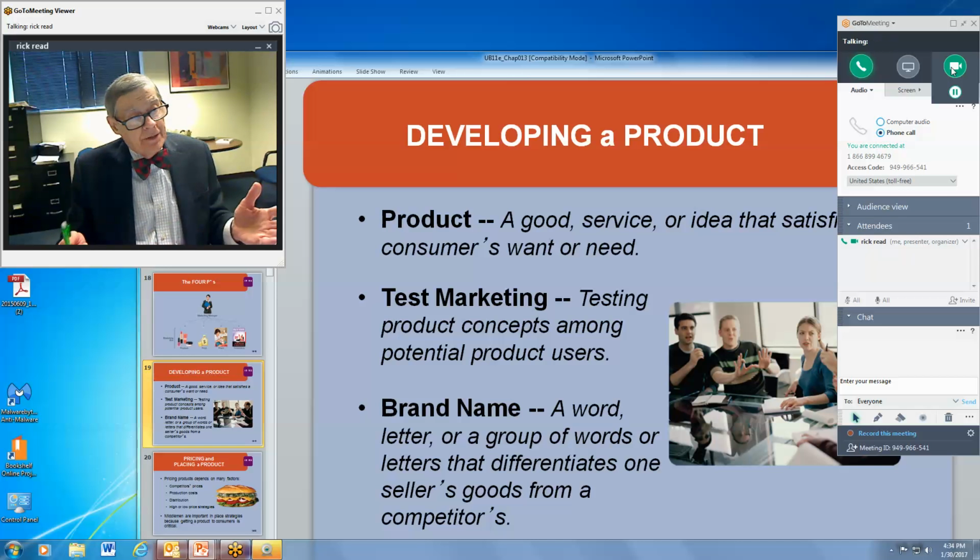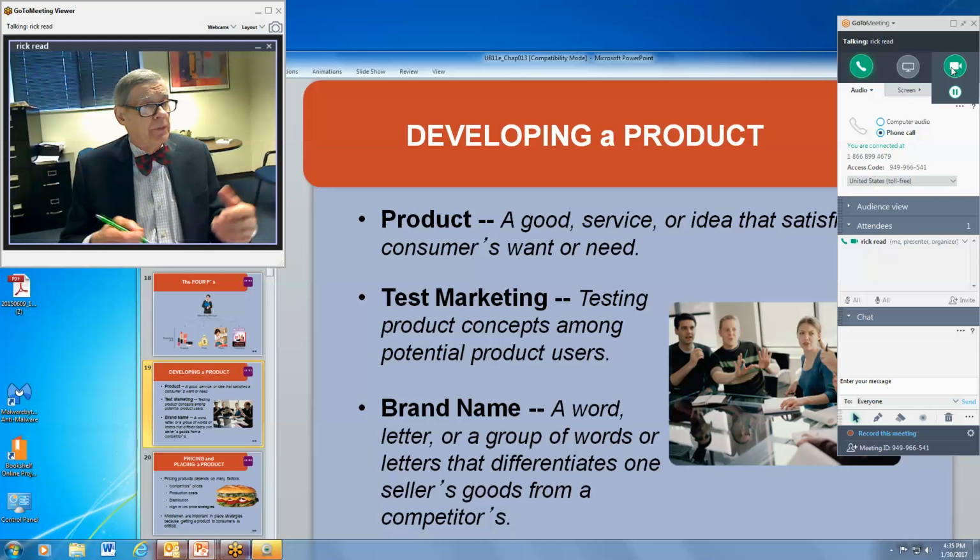So then, yes, they go through test marketing. And there are certain pockets within this country, I use that term, that companies go to because the demographics within those areas are what they need to test market their product or service. And then, of course, you have something known as the brand name.